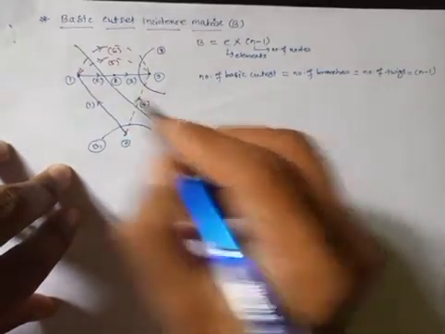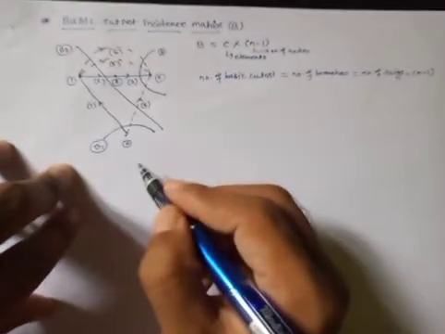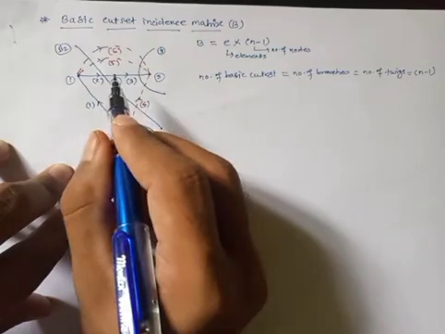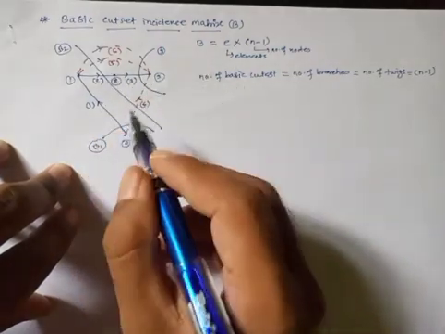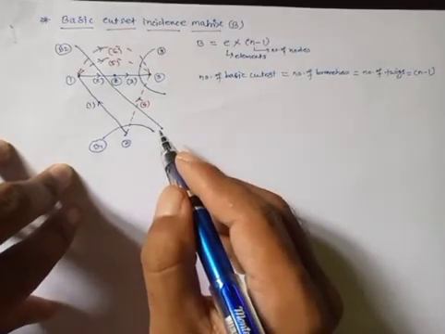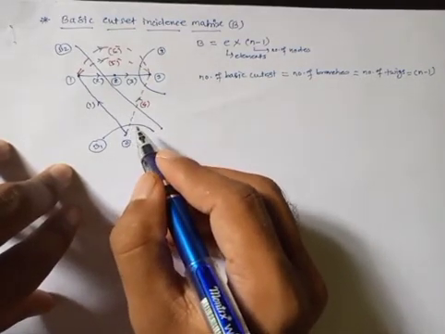So this cut set will be basic cut set number 2, that is B2. Again there is only one branch, meaning the number of cut sets will be equal to the number of branches. Cut sets depend on the number of branches of the tree. In this way you can form the cut sets.